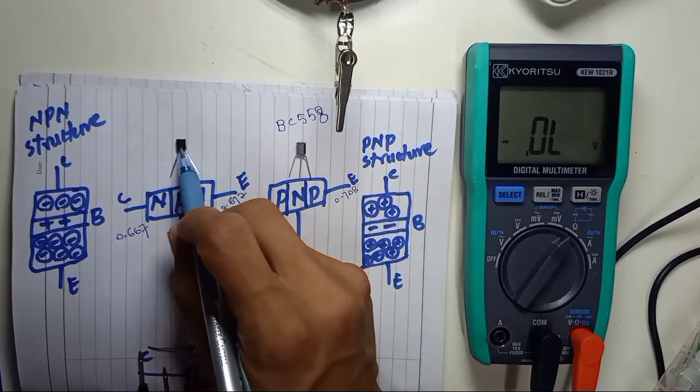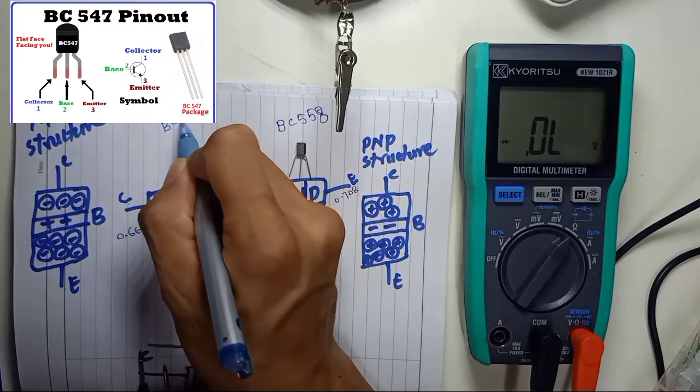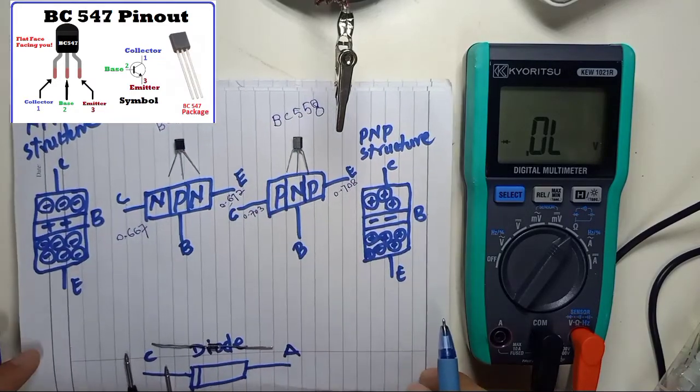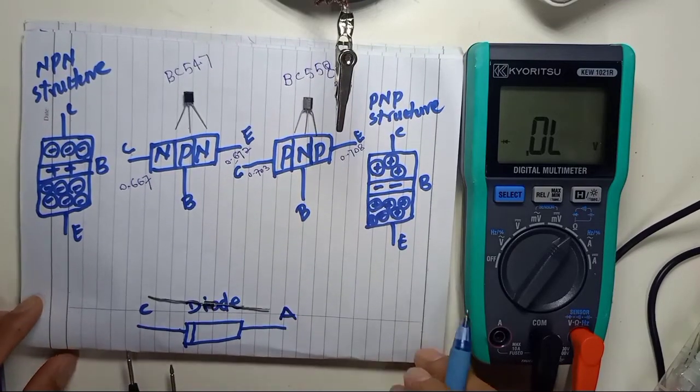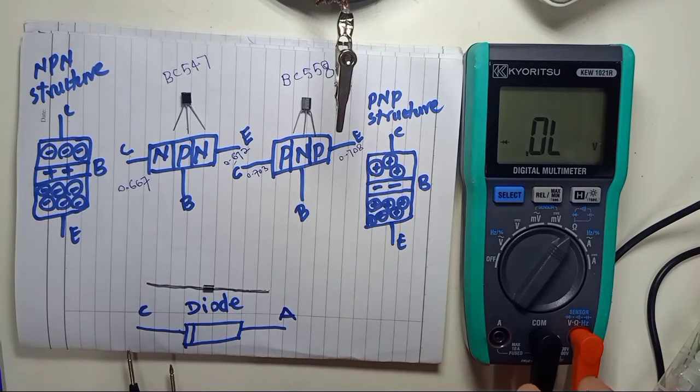If you check this transistor, BC547, this is how to identify an NPN or PNP transistor using a digital multimeter.